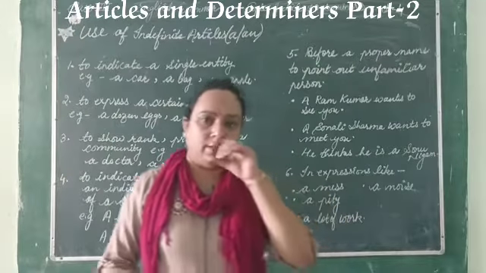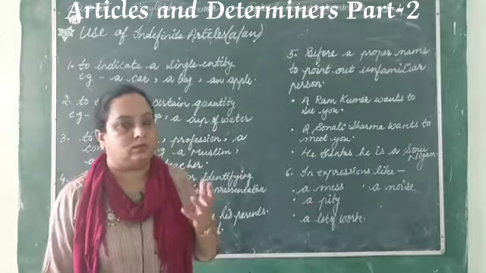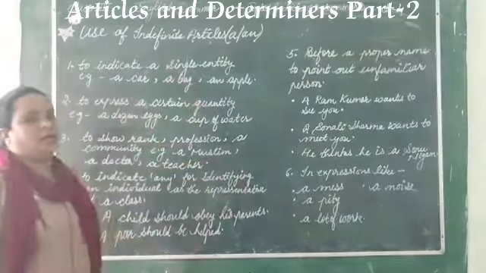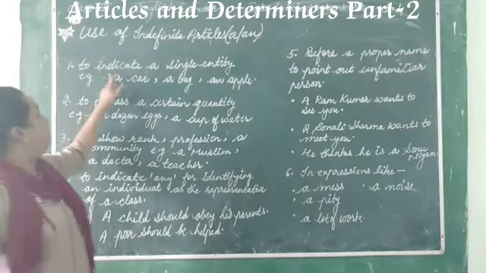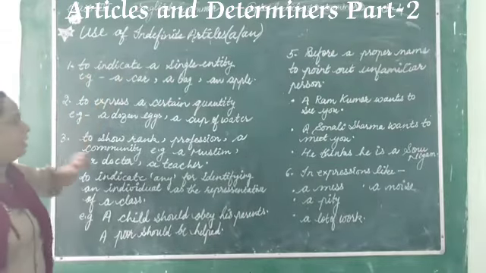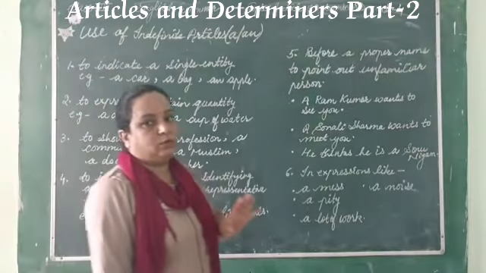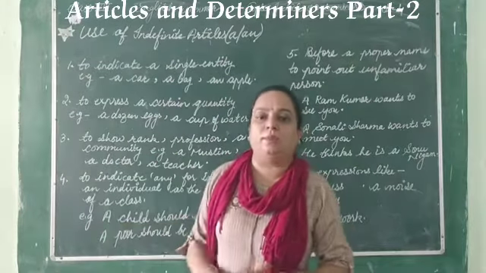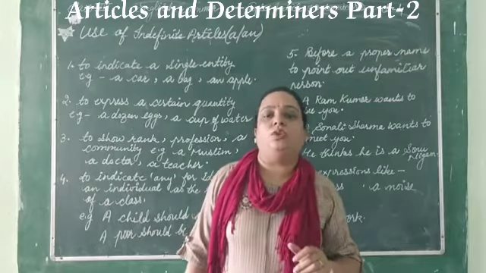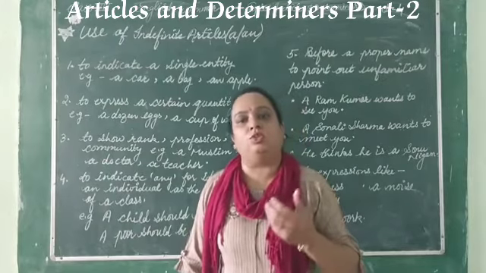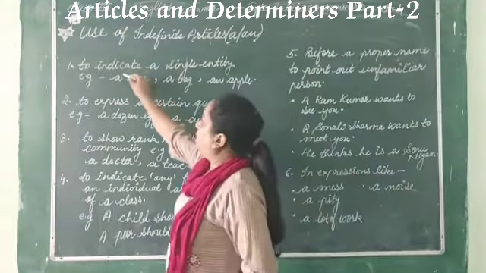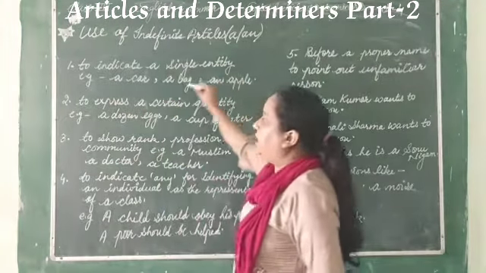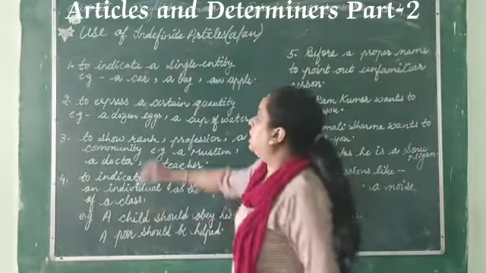Next we have to see the uses of indefinite articles, that is a and an. The first use is to indicate a single entity. I have used general examples of both a and an. According to the vowel and consonant sounds, you can use them with the particular nouns. First is to indicate a single entity, for example, a car.